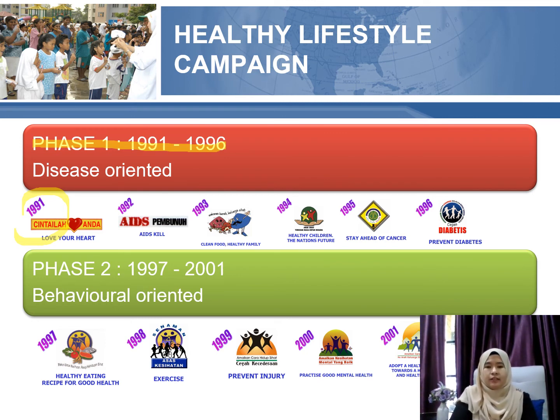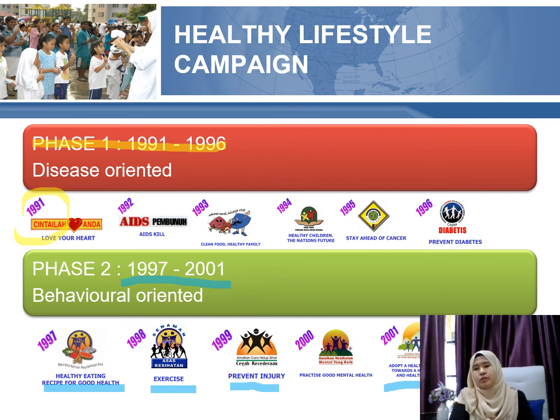After that, phase 2 started in 1997 to 2001, and it started to be behavior oriented. You can see here: healthy eating for good health, exercise, prevent injury, adopt a healthy lifestyle.